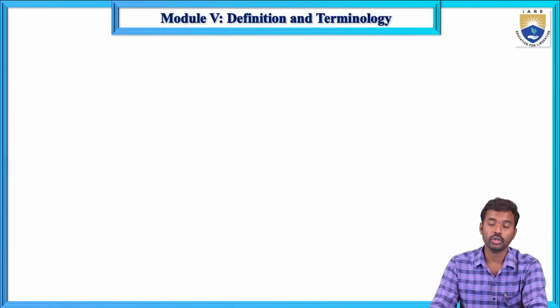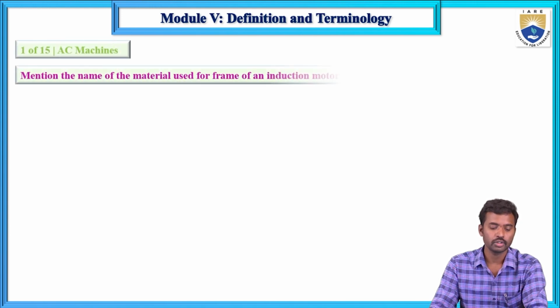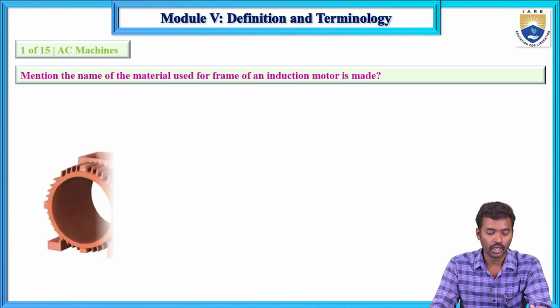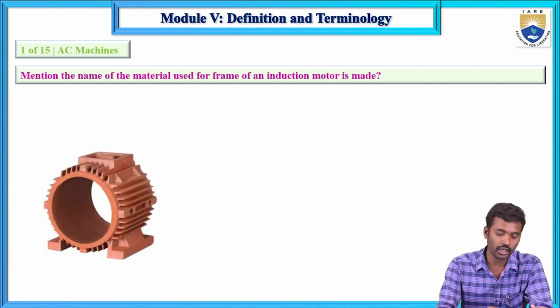So now, in total there are 15 definitions and terminologies. In that, the first one in the AC machines, module 5: mention the material used for the frame of an induction motor. It is made up of cast iron, so it acts as a yoke.